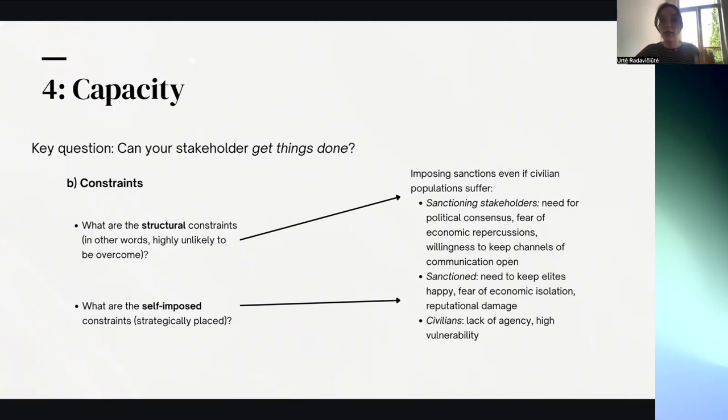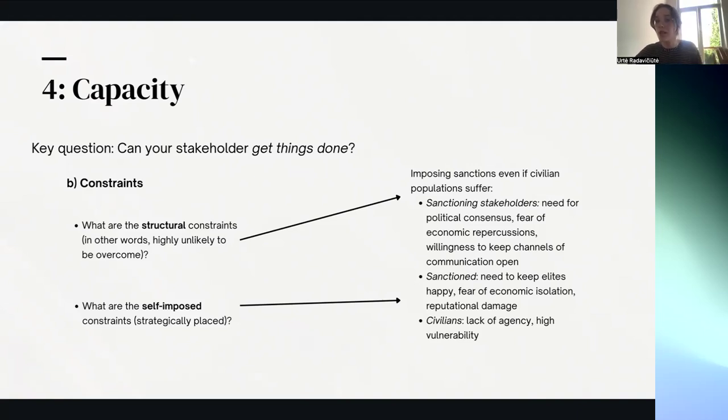So an example of this type of rhetoric thinking that you could go through with your teammates while you're building a case is any sort of debate on sanctioning entities, authoritarian entities, say like we had in the championship last winter. So when you think about the sanctioning stakeholders, say the European Union or a specific state, you have to think about the constraint of having that sanctions package actually pass through the formal procedures.